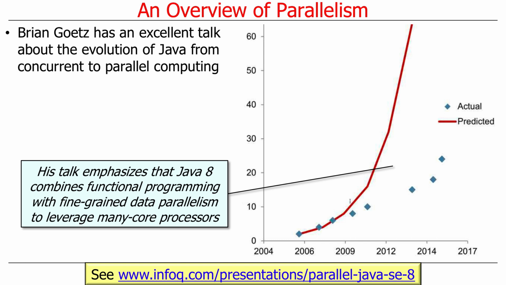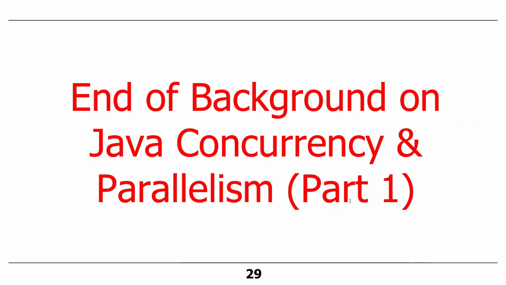So in Java 8, they introduced a new model, combining functional programming, all the stuff we just talked about, like lambda expressions, method references and functional interfaces, in conjunction with their cool fork join framework to give us efficient fine-grained data parallelism. The combination of those two things makes it easier to write programs that scale. I'll show you examples of that as we go through this. OK, so that's a quick summary of concurrency and parallelism.